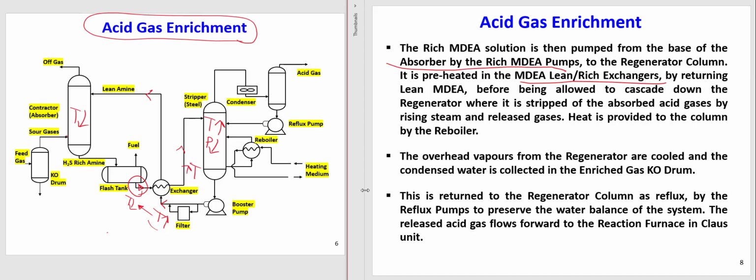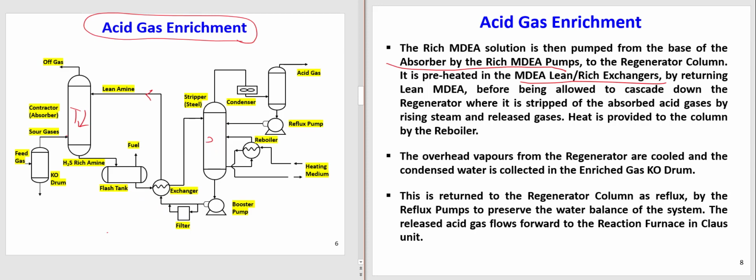After that, the stream that is rich in amine goes to the regenerator. It will be moving downward. The absorber is a tray absorber, and this is a tray distillation column. So it goes down, and in the regenerator, at the bottom you have a reboiler.